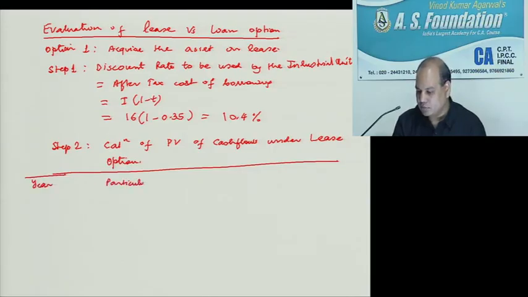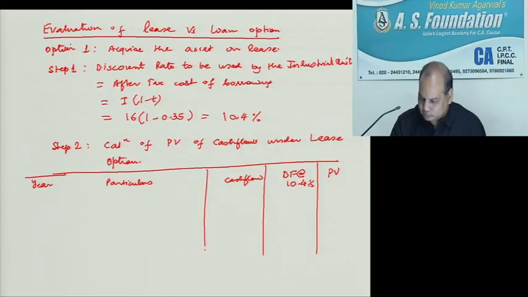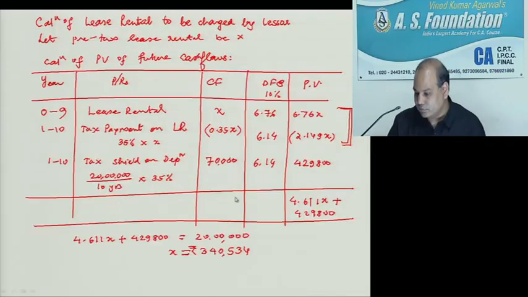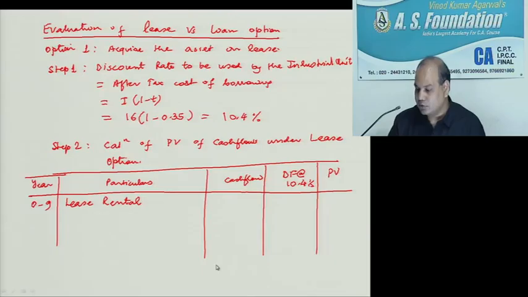Here, particulars, cash flows, discounting factor at the rate of 10.4%, present value. Zero to 9, lease rental. How much was that? 340534.